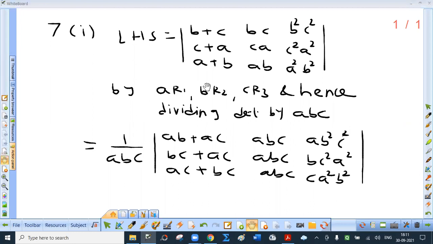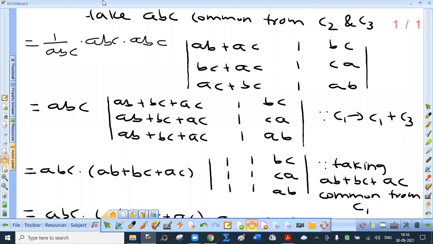Right. Then the next step is what? abc can be taken common from the second column as well as the third column. After taking abc common from C2 and C3, this is the original 1 upon abc. abc is taken common from C2, and from C3 also, so again abc.